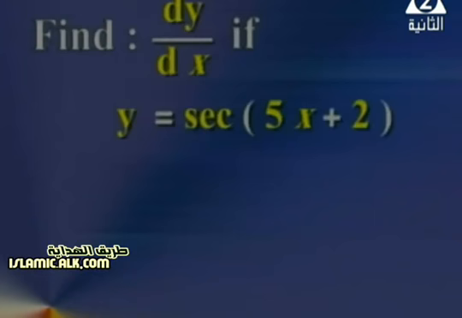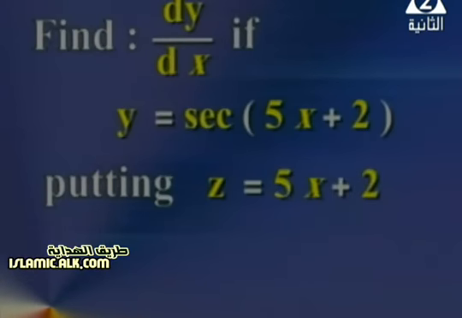Find dy over dx if y equals sec of (5x plus 2), putting z equals 5x plus 2. Remember, dear student, at first we put z equals 5x plus 2.